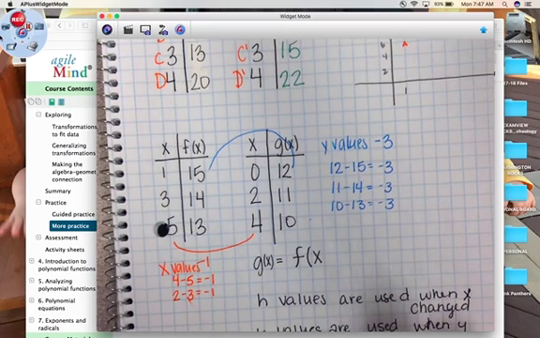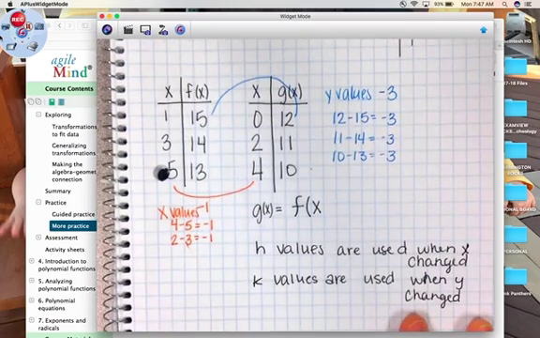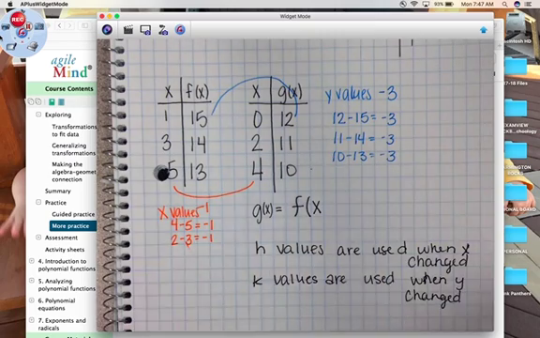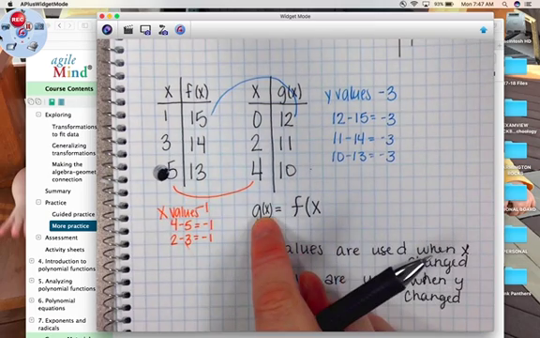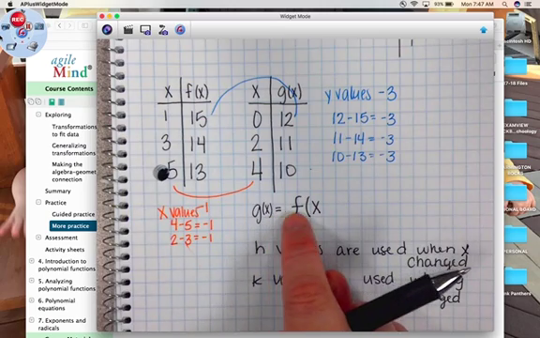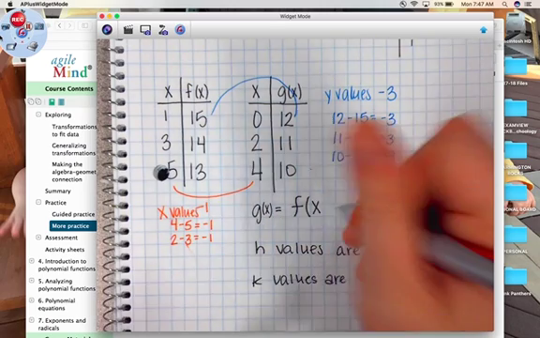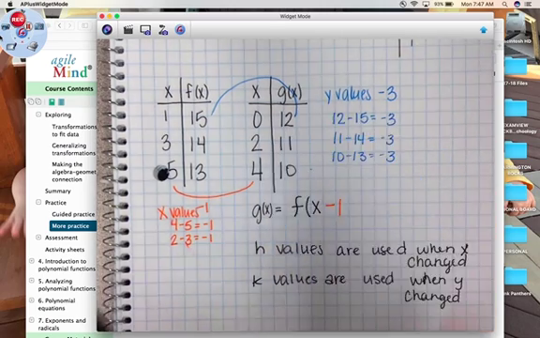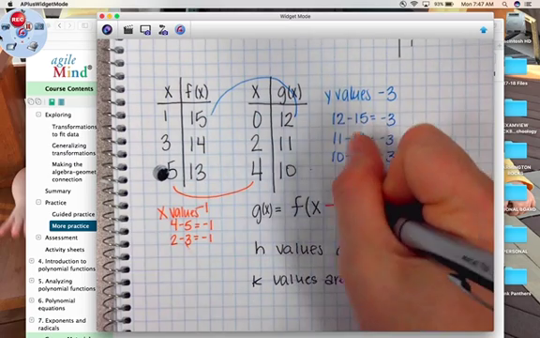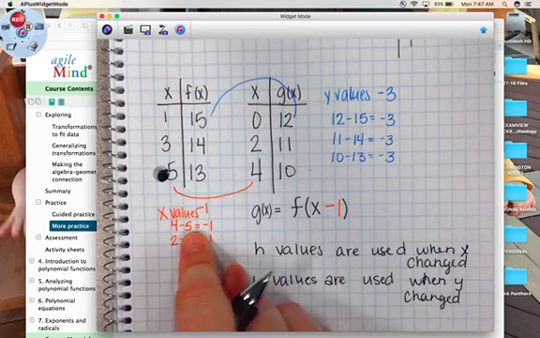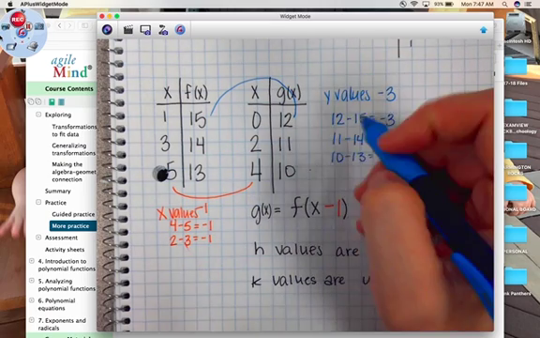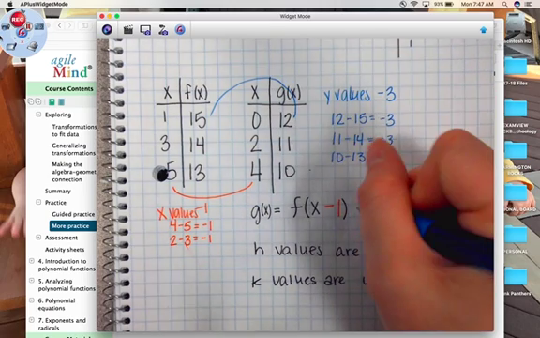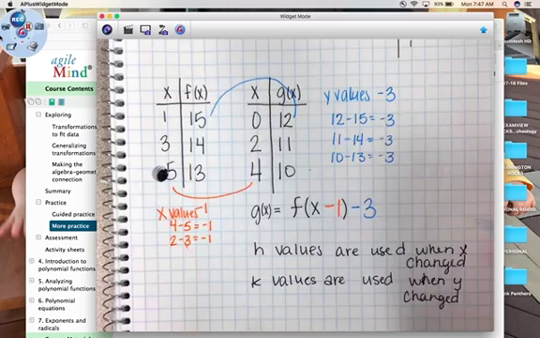Because think about it, the x-axis is the horizontal axis, the y-axis is the vertical. So on this, g of x is equal to f of x. Now it went -1 or down 1 each time. It shifted back 1 or left 1. And then the y values went down 3.